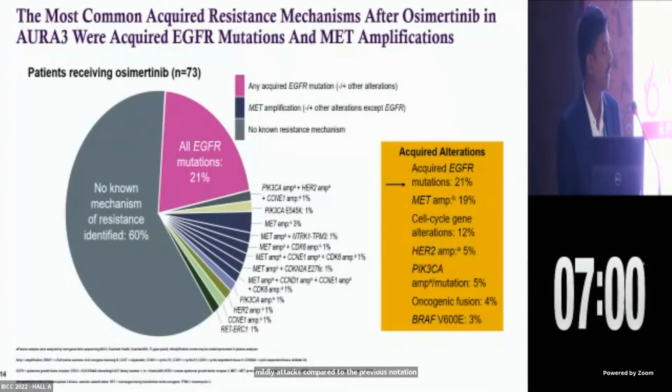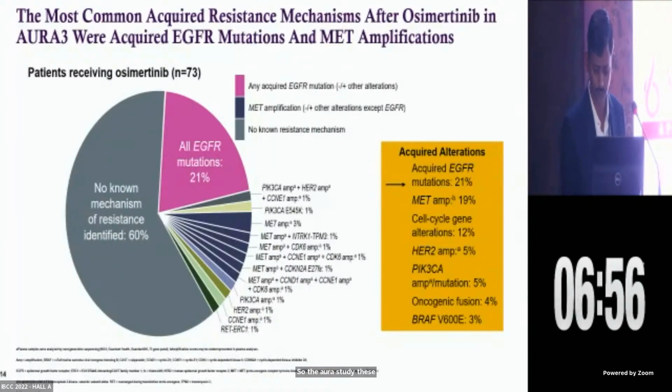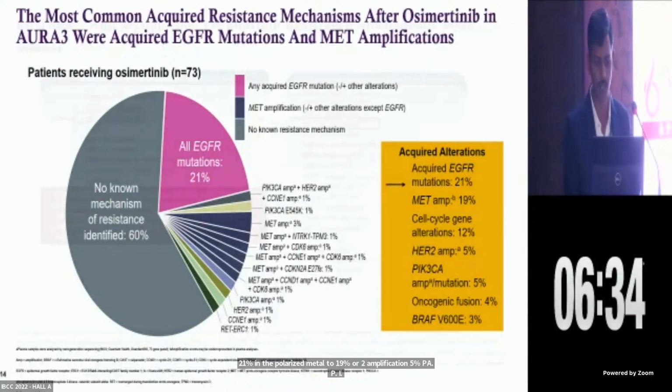In the AURA3 study, these patients were post osimertinib and had seen resistance. All of these had T790M present pre-osimertinib. The most common mechanism is the EGFR mutation at 21%, followed by MET amplification 19%, HER2 amplification 5%, PI3K mutation 5%, and BRAF also 3%.